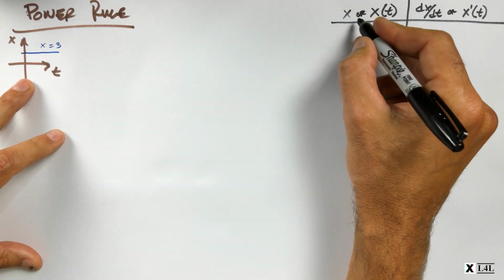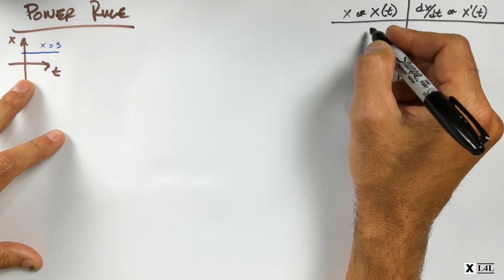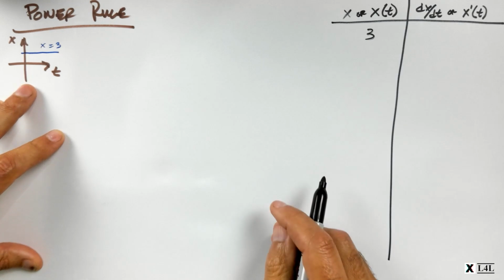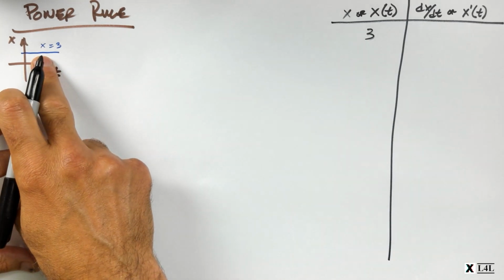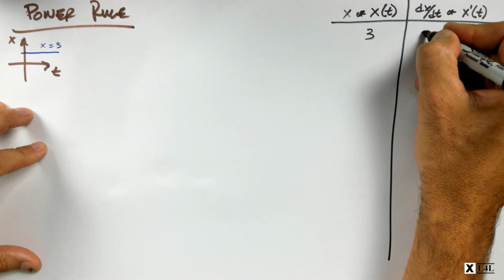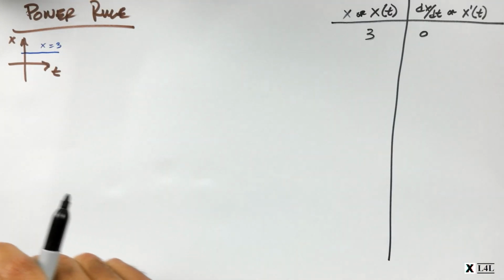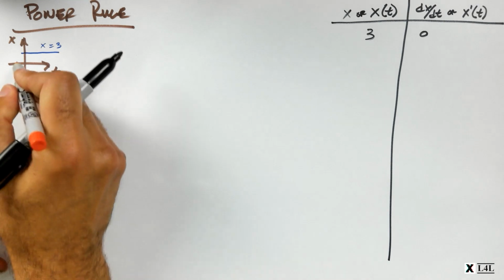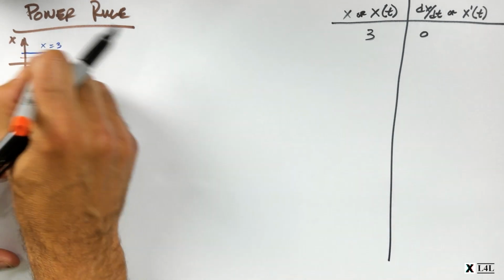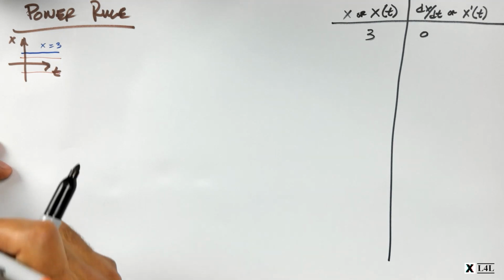So what is our actual function? Well, our function is 3. And what's the slope of a 3? x equals 3. Well, the slope is 0. But does it really matter what the number is? If I had a function that said x equals -3 or x equals 1, it really doesn't matter.